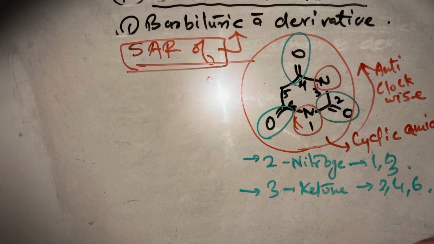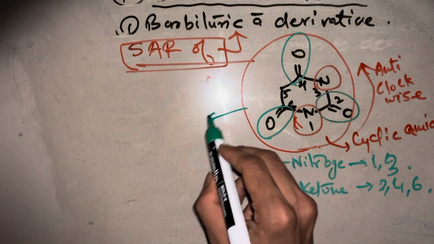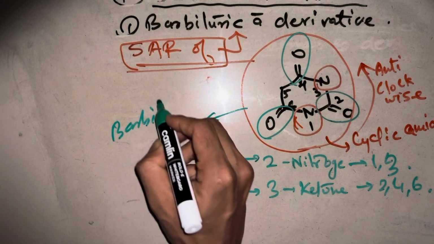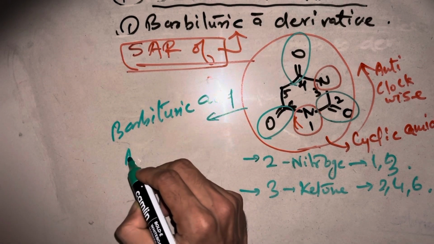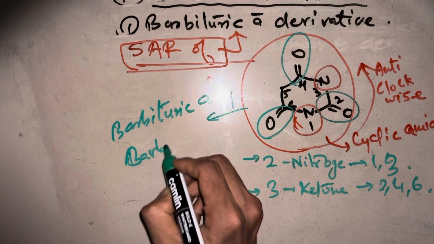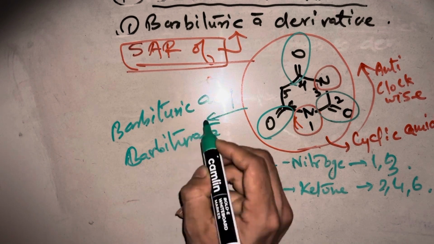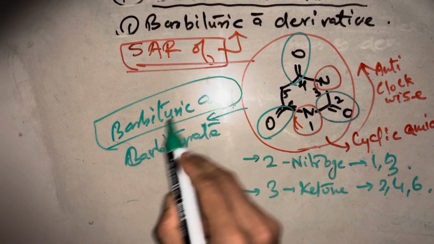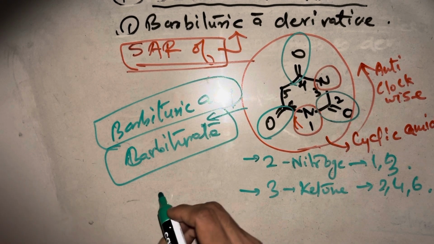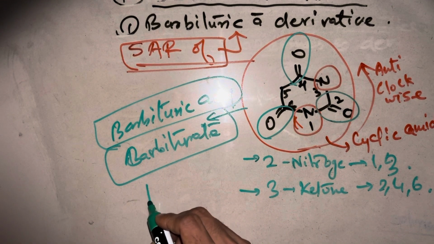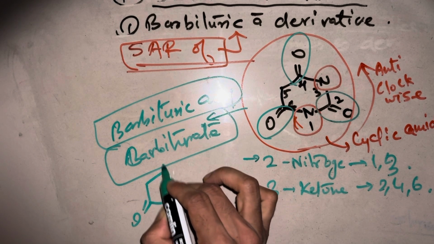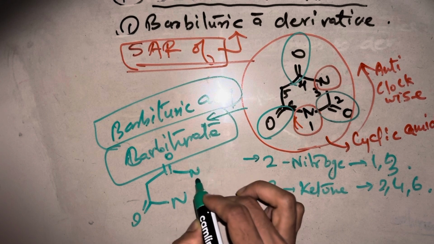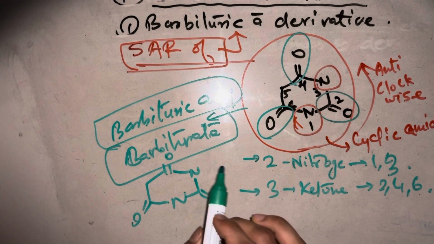Okay. Next, you have to remember that this is also called barbituric acid and it is also called barbiturate. Now see why it is called barbituric acid. Because in this, like one structure is there, if you see. Now what will happen?